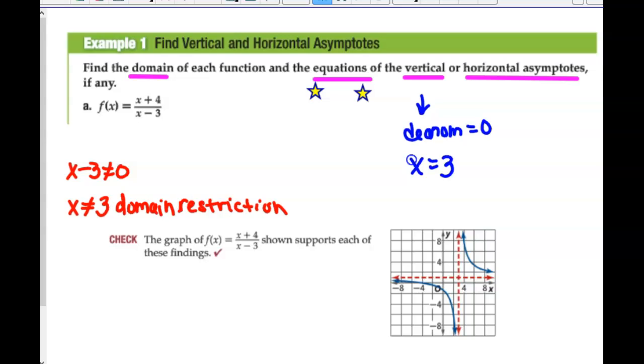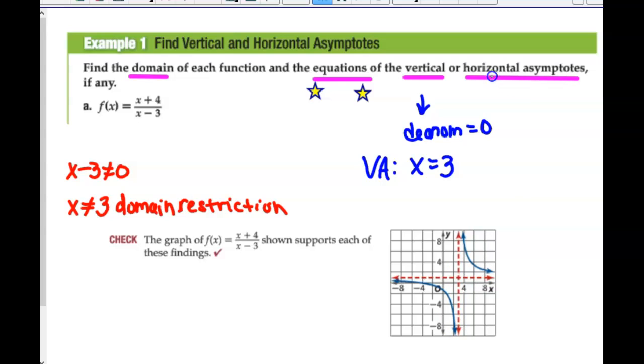It's not actually part of the graph. So, while x can't be 3, this is what it's going to approach. And so you have to state the equation of the vertical asymptote as an equation. It's not actually part of the graph of this function. We are going to graph it as a dotted line as a boundary.